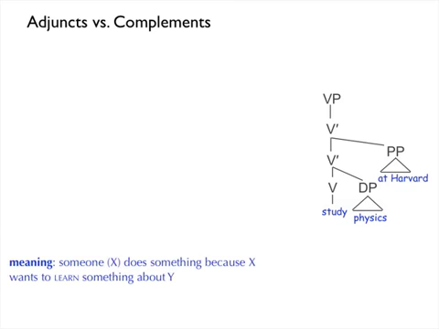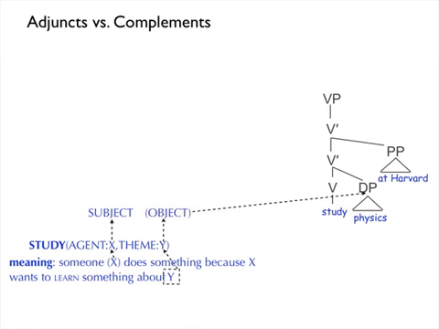So the reason is that ultimately it has to do with the meaning. So the meaning of study is do something, someone does something because they want to learn something about something. And the instantiations of the variables and the meanings correspond to pieces of the sentence. You have the subject, you have an object.